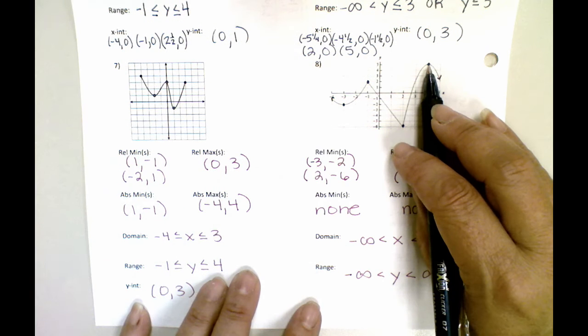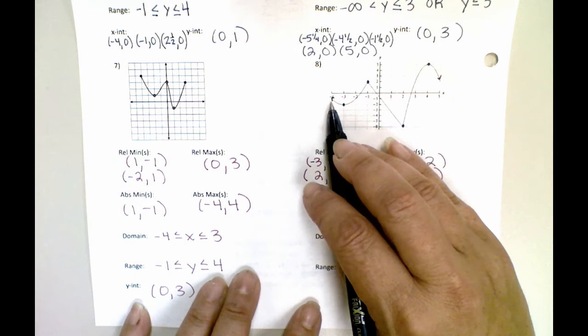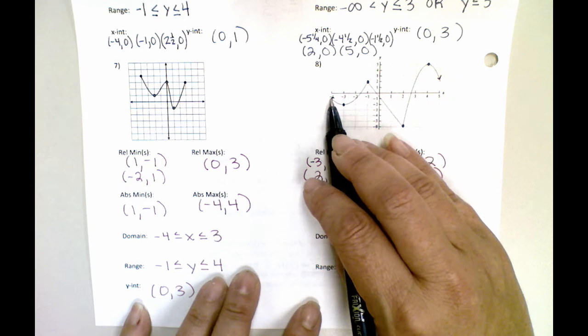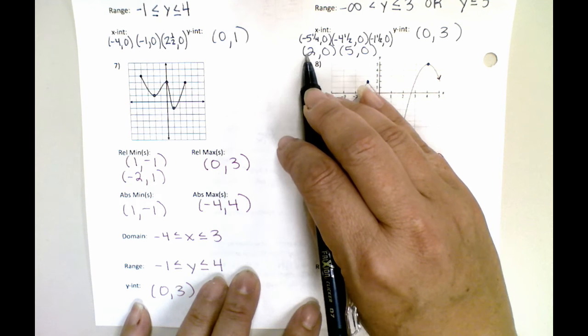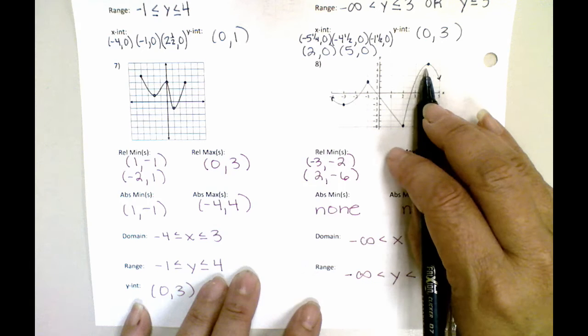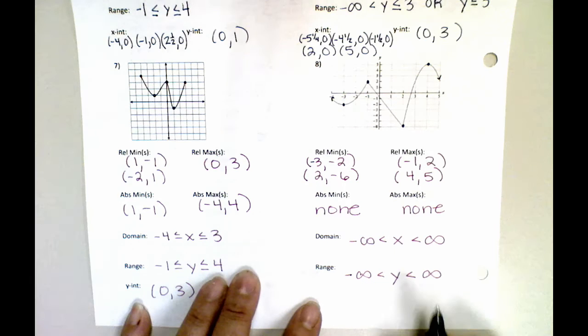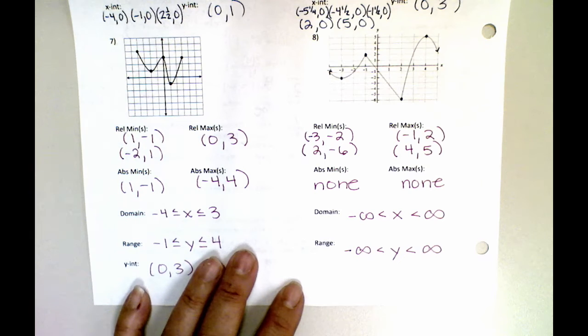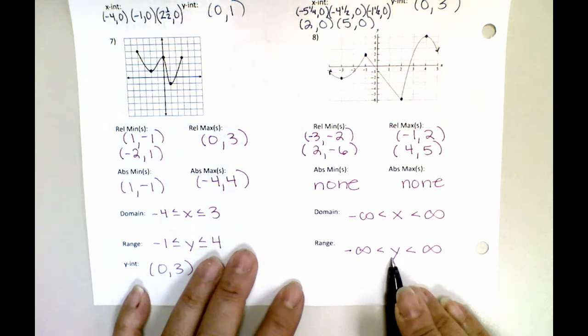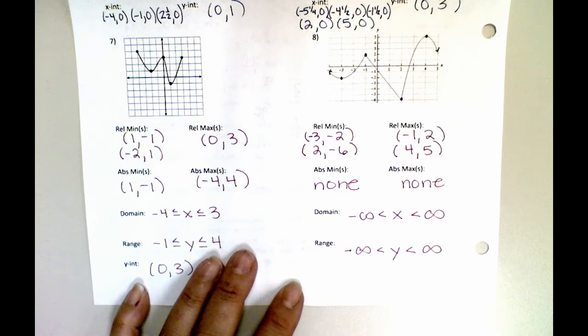This looks like the highest point on the graph, but you'd be ignoring that this arrow is traveling up. Eventually, this side over here is going to be taller than this point. So no bound on the upper limit either. So my range is also -infinity to infinity. We just have a y in the middle instead of an x.